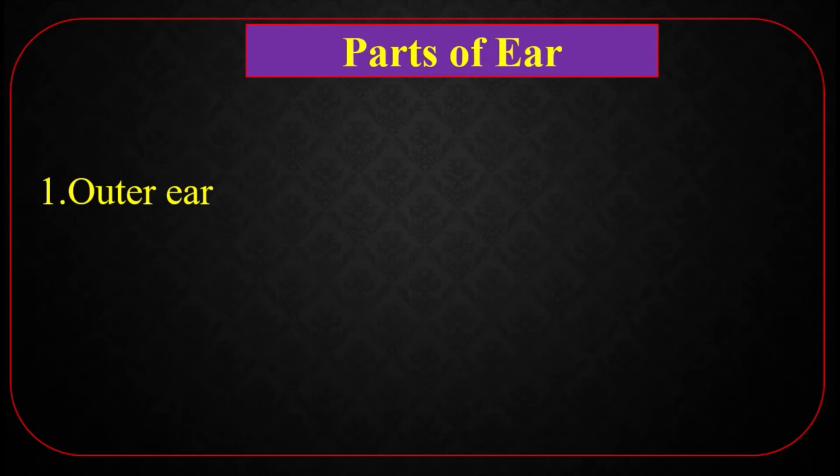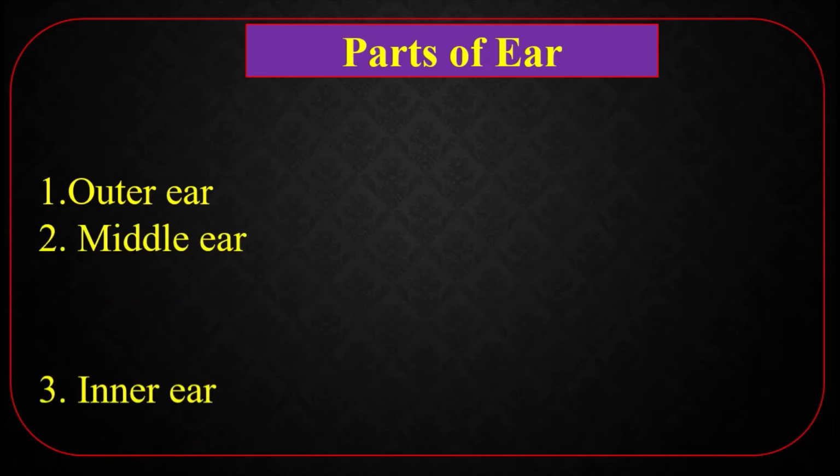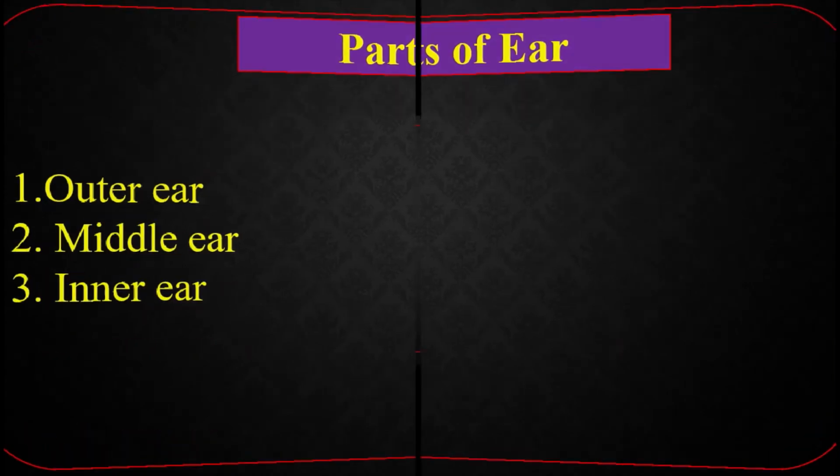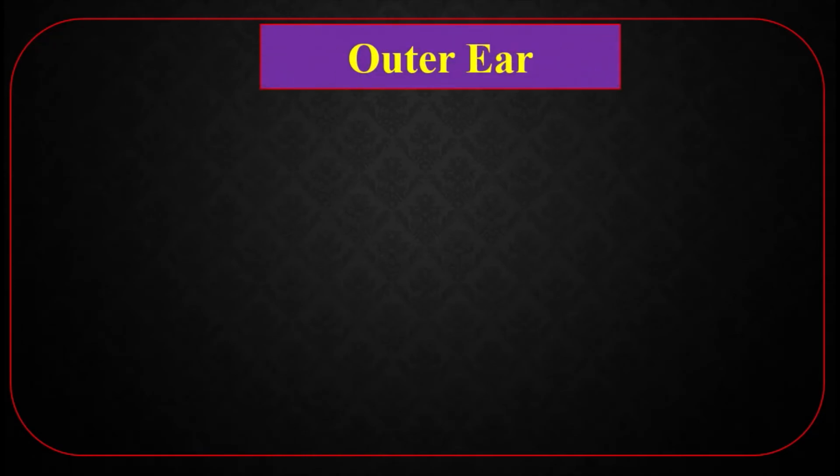Parts of ear. Mainly divided into three. Number 1 outer ear, number 2 middle ear, number 3 inner ear. Now let's see about outer ear. Outer ear is formed by mainly three parts.